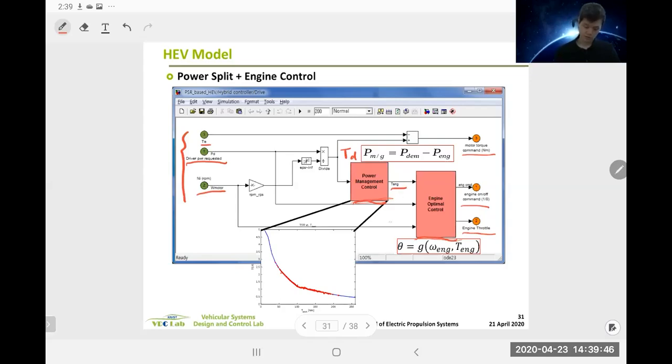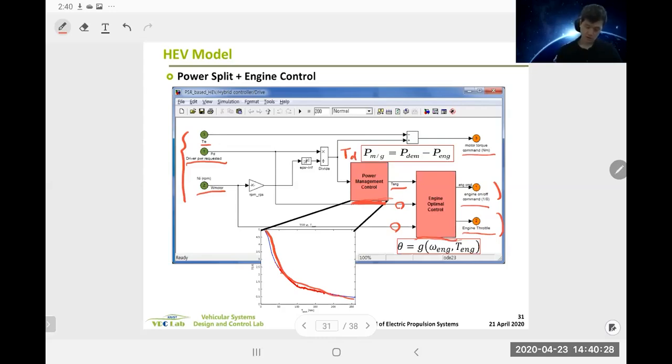And using engine torque and power demand and input speed, we're going to determine these two. And inside of the power management controller, this is one example of a power split strategy for parallel hybrid. But this is not unique, right? There are different ways of designing this module.